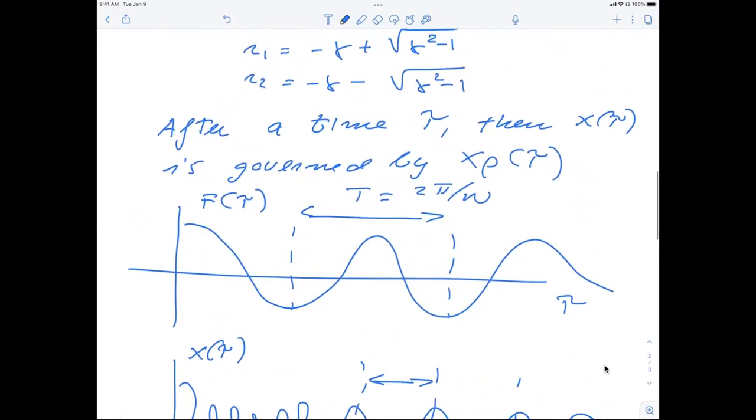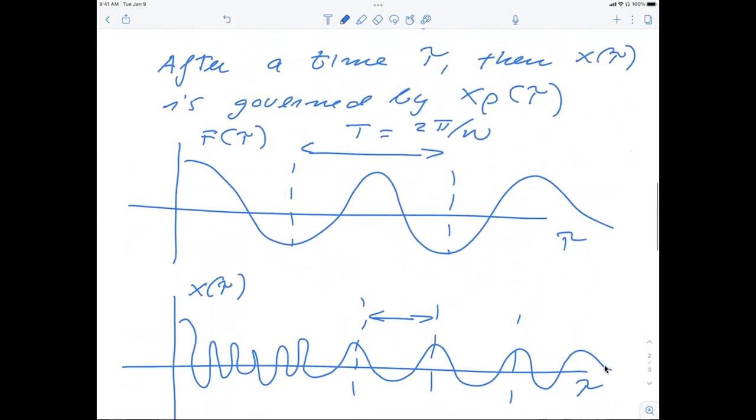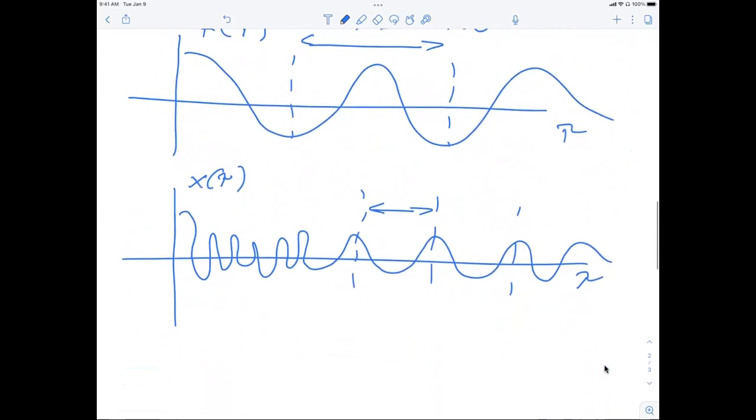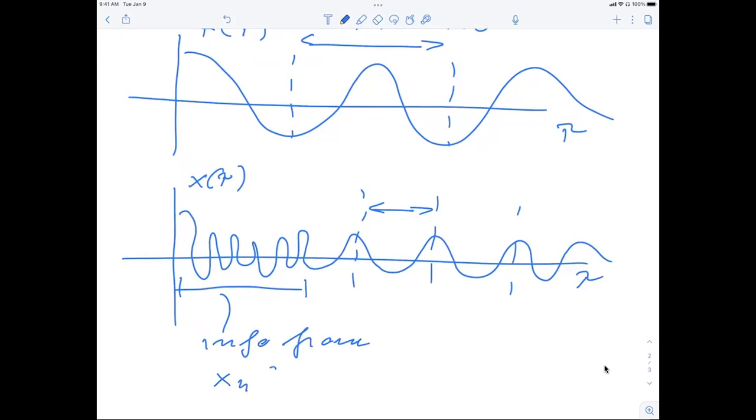Now, this means that when you look up in the literature, you will find names for the damped solution. So this is normally called this phase here. This contains info from XH, so the homogeneous solution. And in the literature, they're called transients, transient solution. So that means that there is a transition from one type of motion to, in our case, a regular type of motion.